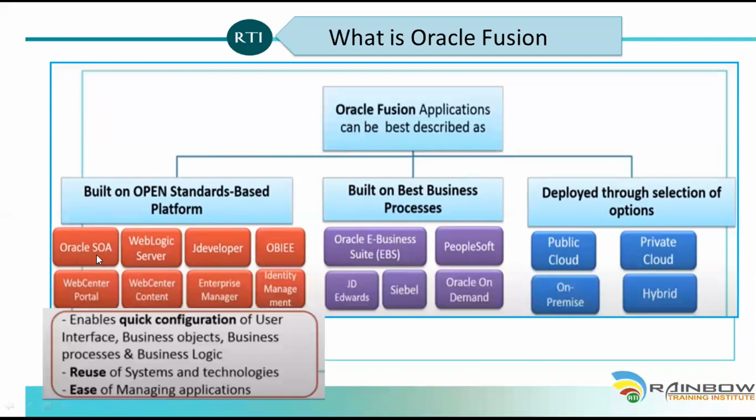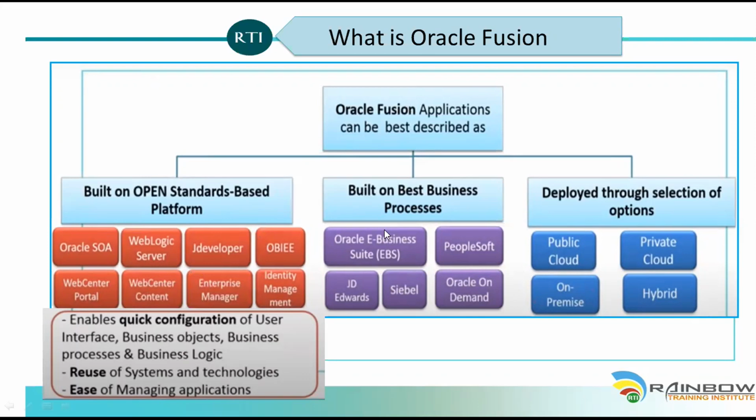We have the Oracle server, the Oracle WebLogic server, JDeveloper, OBIEE, WebCenter Portal, WebCenter Content, and Enterprise Manager. We have identity management. So these are the best-in-standard platform components that Oracle acquired, and on top of them they built the Fusion application.